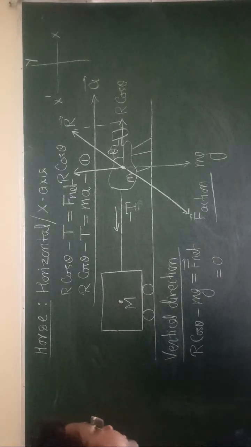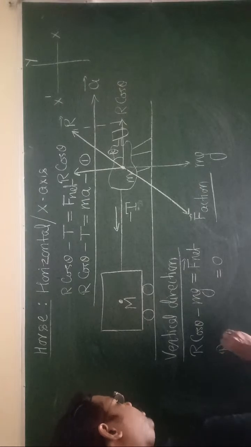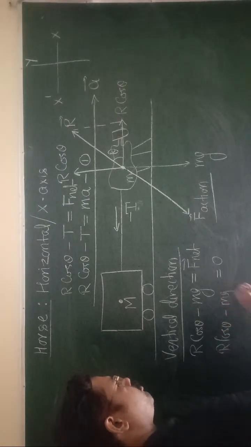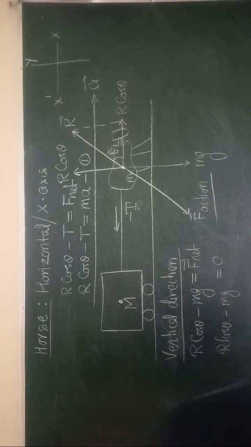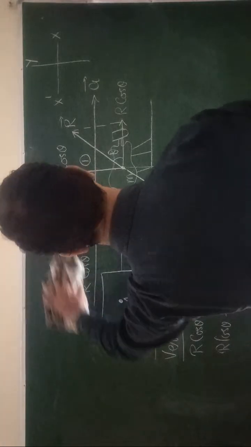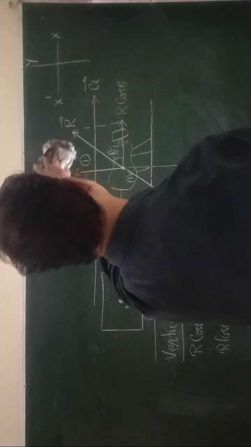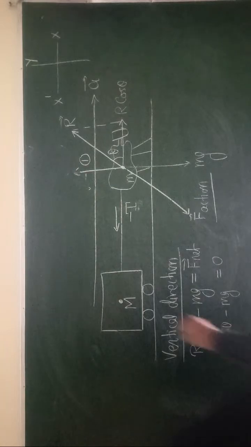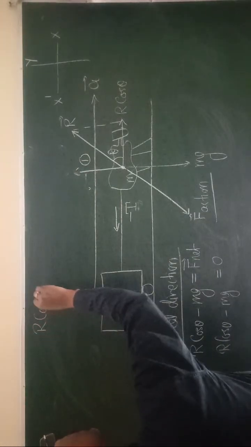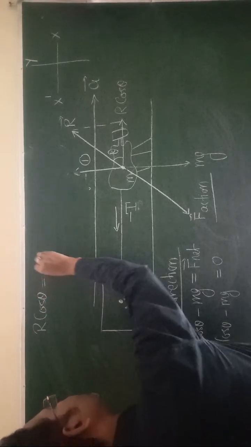So what we had, R sin theta minus mg is equal to 0. It means R sin theta is equal to mg.